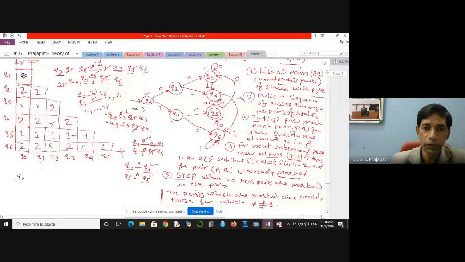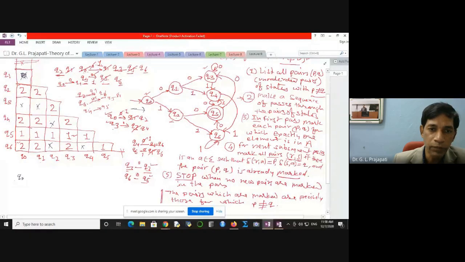Now if you go to the state Q1, you need to decide: can you merge Q0 and Q1 or not? You can keep Q1 with Q0 if and only if the pair Q0, Q1 is not marked. You have seen that Q0 and Q1 is not marked.